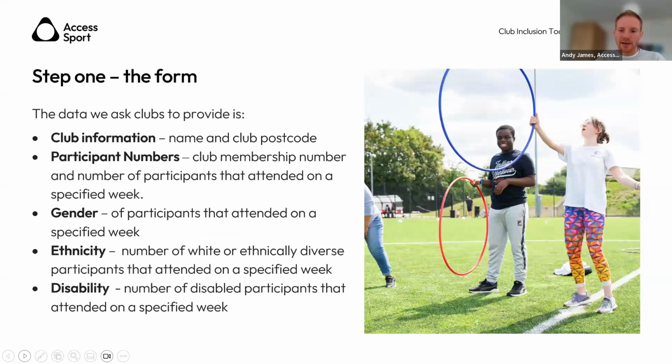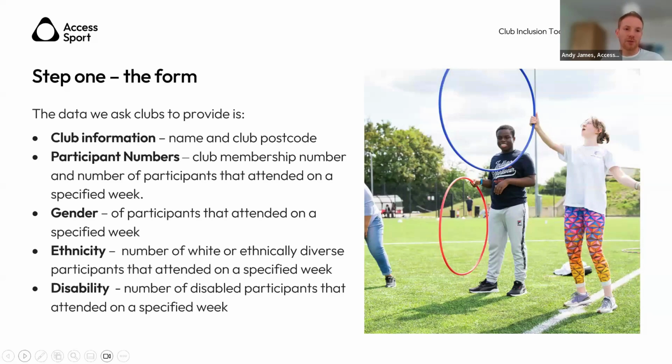So yeah, step 1, as I said, is a simple survey. We're not going to show a screen grab of that now. No one needs to see that, but it's a Microsoft Form, and the information asked for in there is some basic club information, name and postcode, which then matches up to our database in the background, and participant numbers, so an overall total number of participants that attend on a typical week at your club.